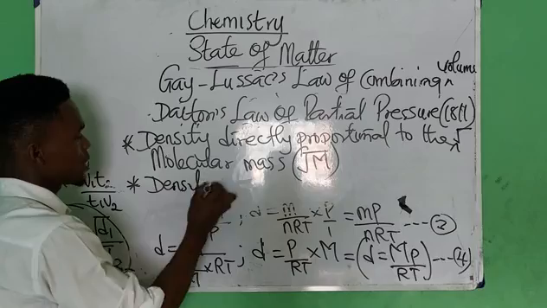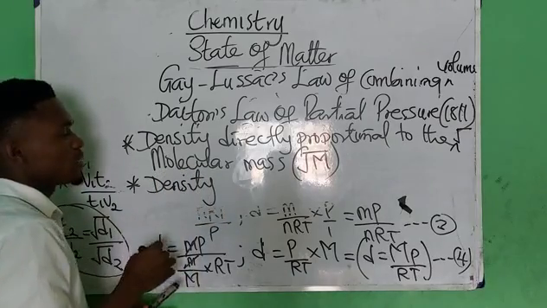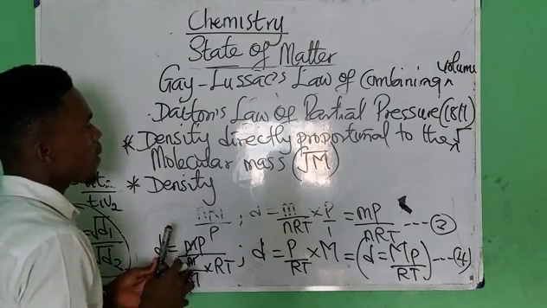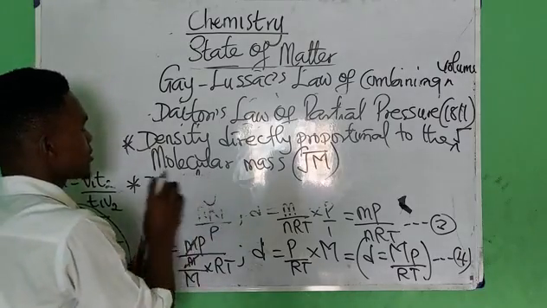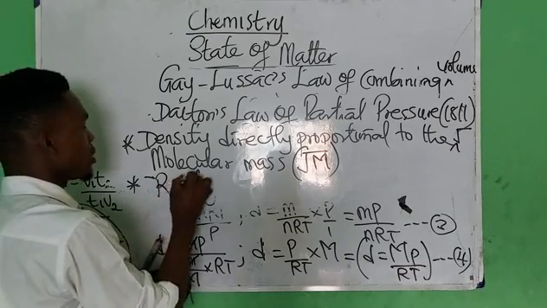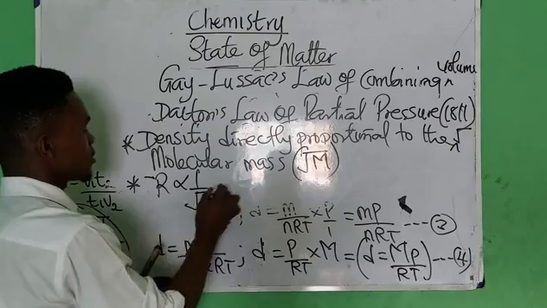From the law, we said that the rate of diffusion of gases is inversely proportional to the square root of density. It means that R is inversely proportional to the square root of density.